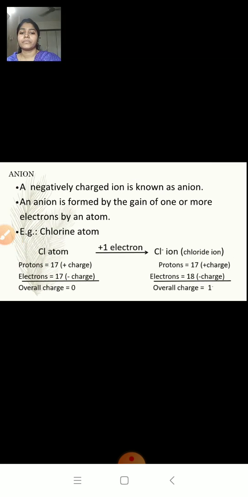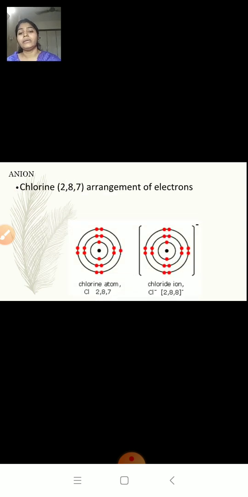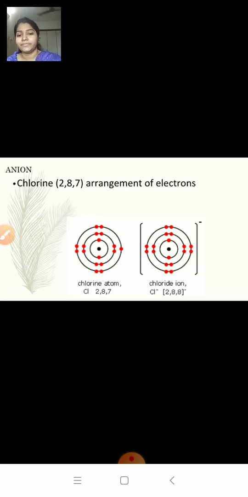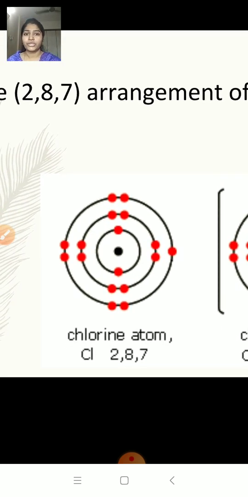Let us find out why chlorine gained 1 electron. Now in chlorine, the arrangement of electrons is 2, 8, 7. You can see the inner shell contains 2 electrons, the next shell contains 8 electrons, and the outermost shell contains 7 electrons. So to take part in chemical reaction, it needs 8 electrons, and chlorine has only 7.